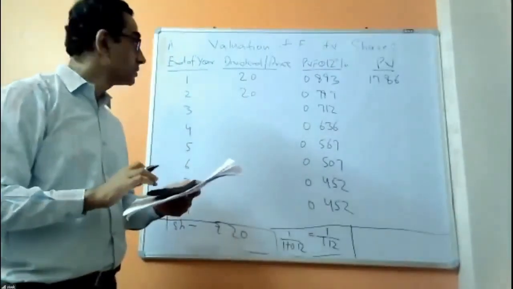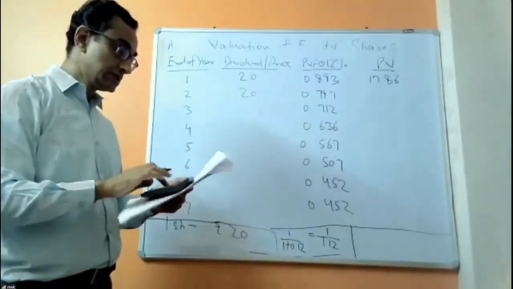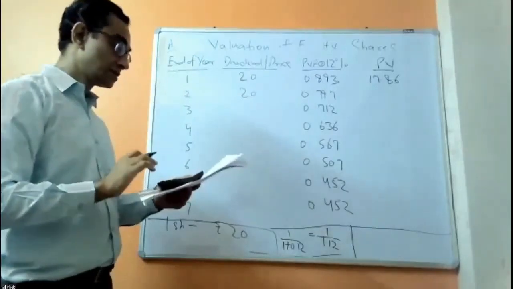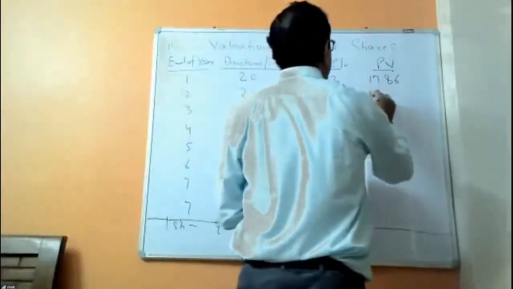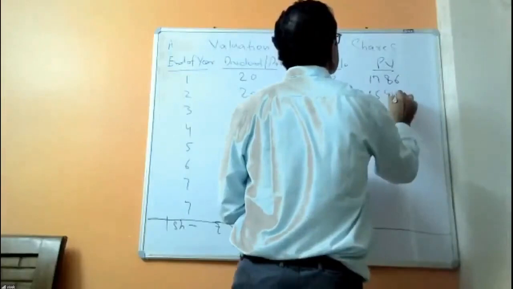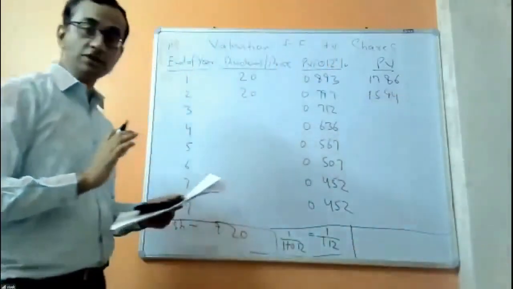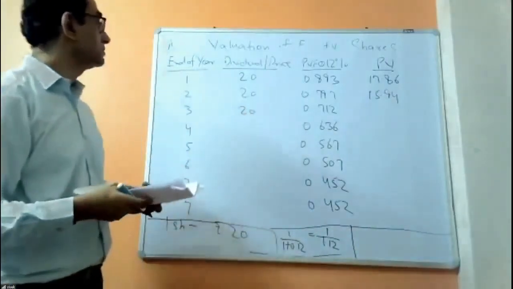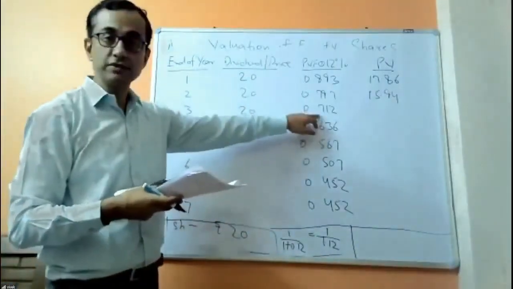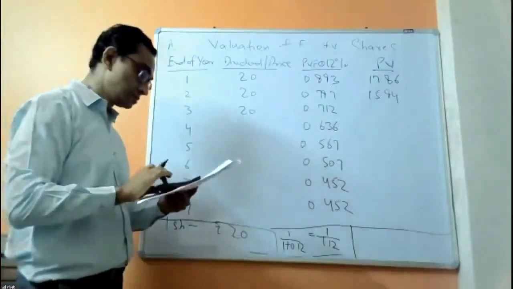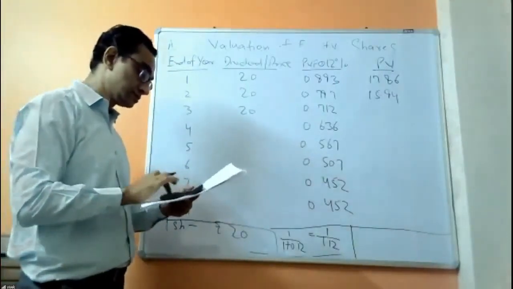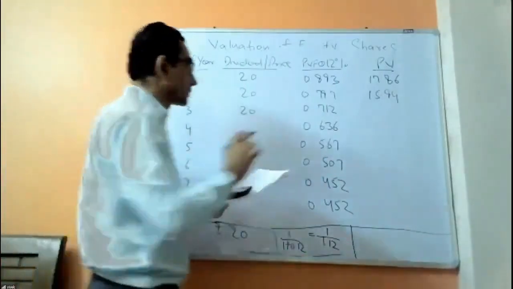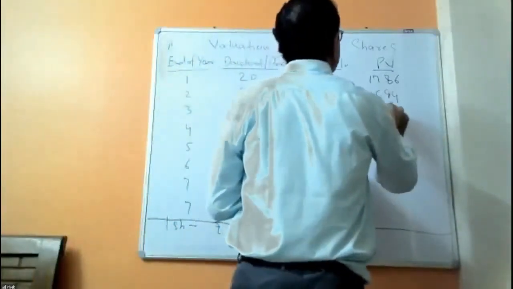So, 20 multiplied by the present value factor 0.797, that is 15.94. In the third year also the dividend is 20. 20 multiplied by the present value factor 0.712 is 14.24.